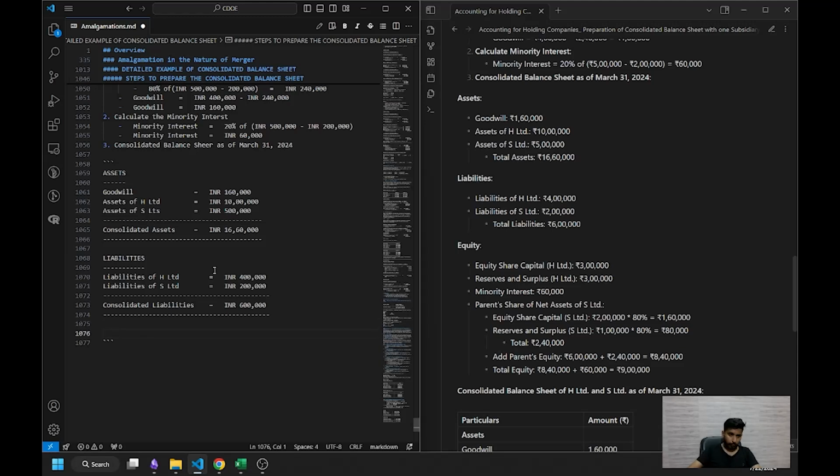Okay. Now let us come to the third element of the balance sheet, and an important one, that is the equity share capital. Now, for equity share capital, it is given that the equity share capital of H Limited equals rupees 3 lakhs.